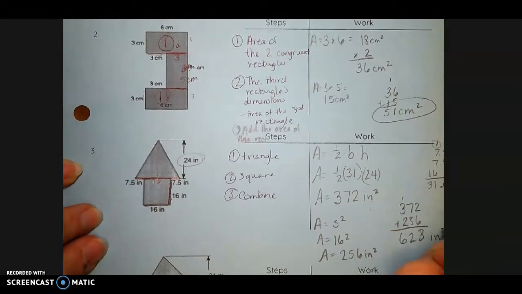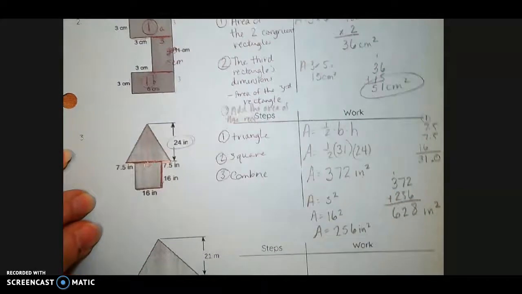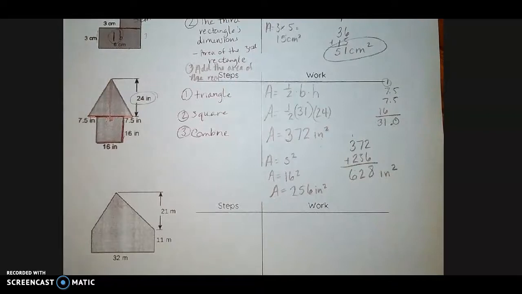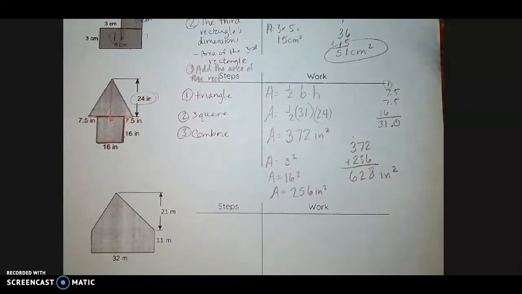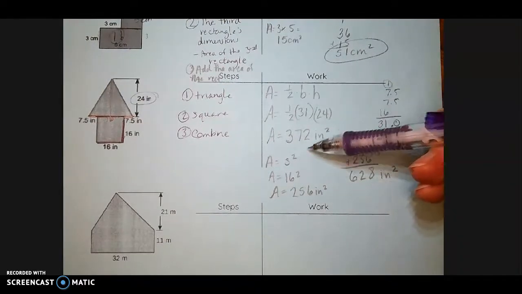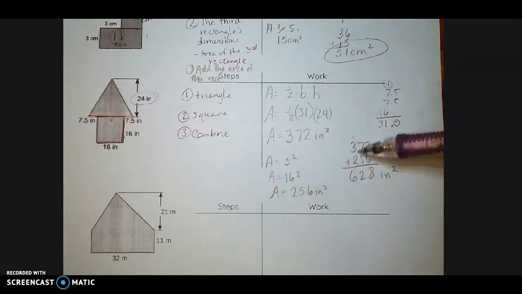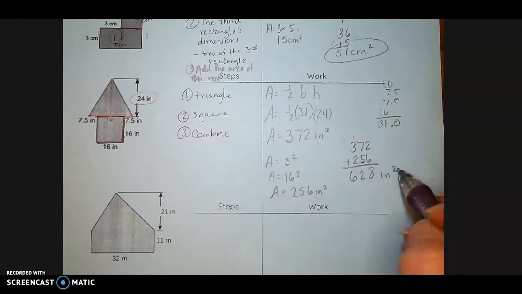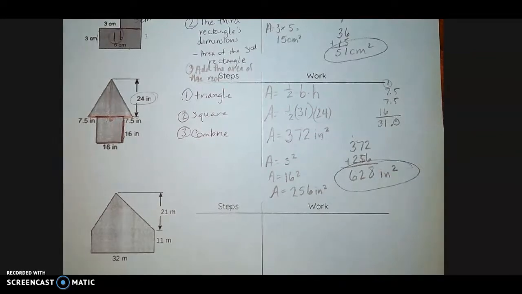So 628 inches squared there. So I did the triangle, I did the square, found the area of each, and then I combined those two areas to find my total area of my shape.